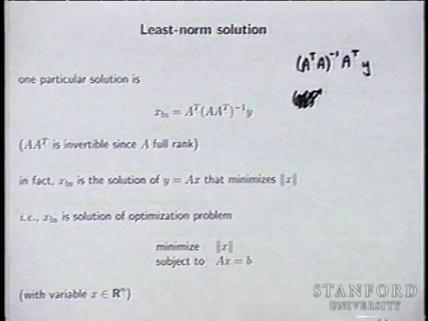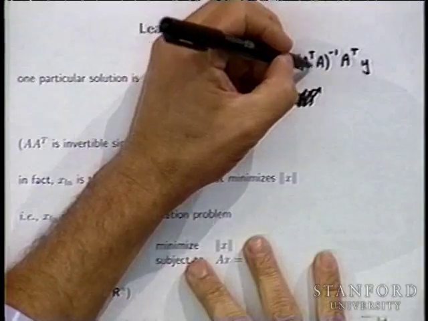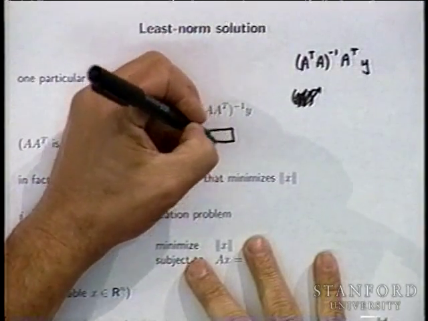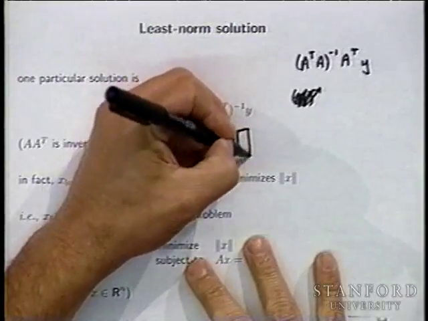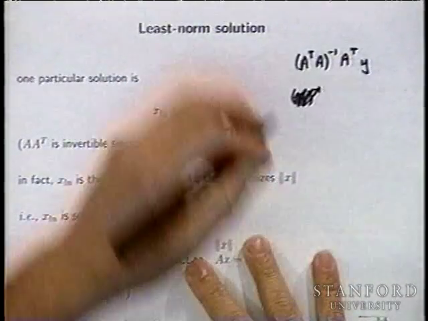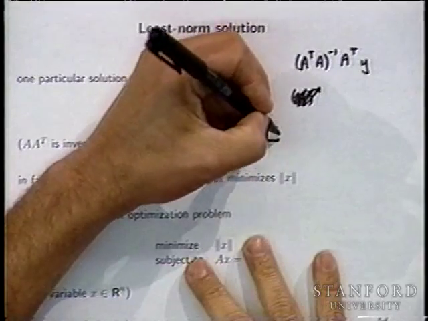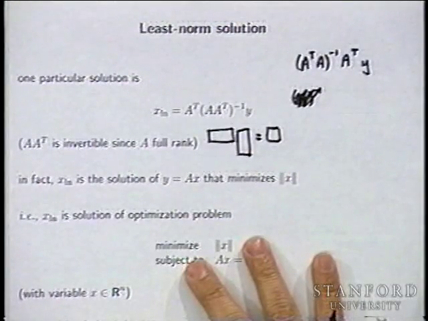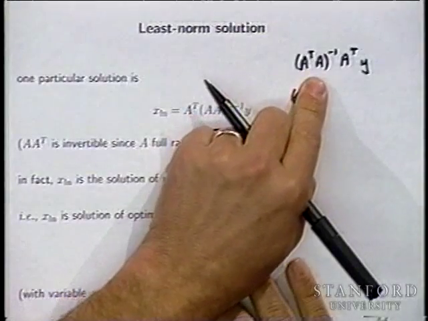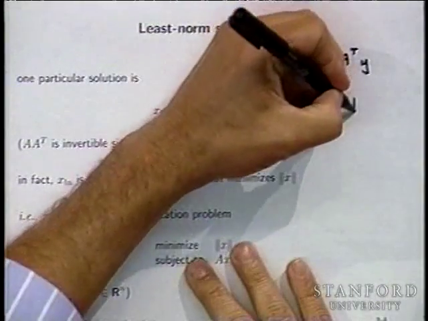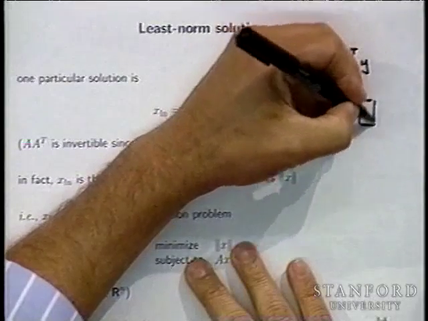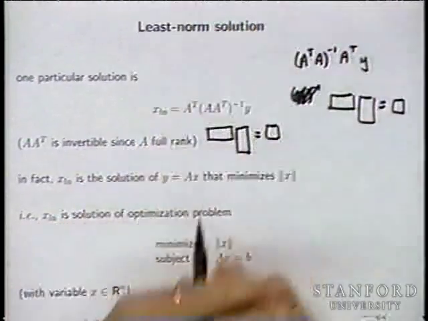So now if A is fat, then this one is basically a fat times a tall matrix, and the result is a little one. Over here, if A is skinny, this is also a fat times a tall, and the result is a little one.